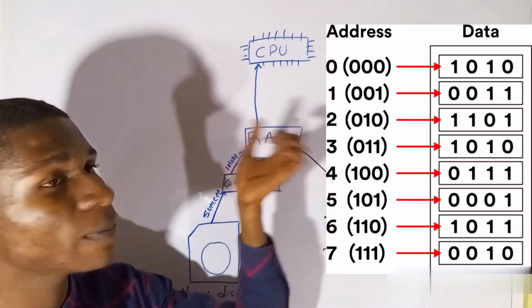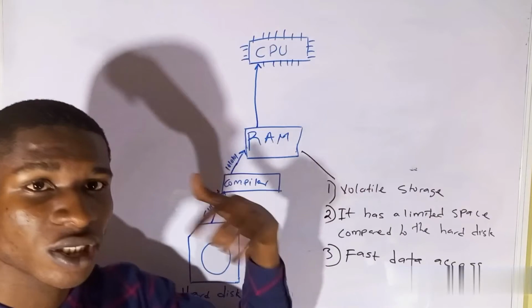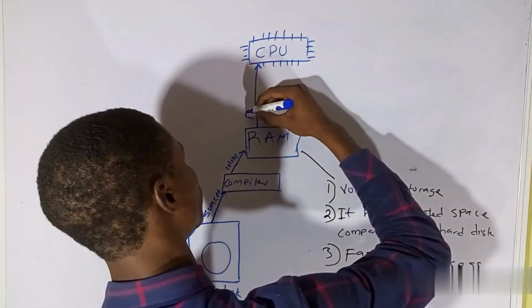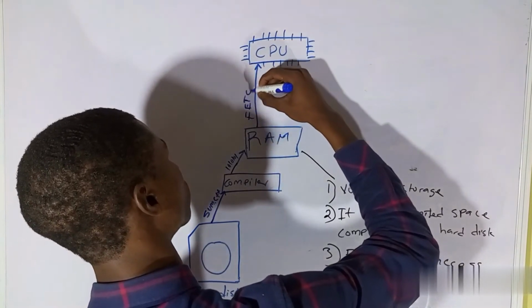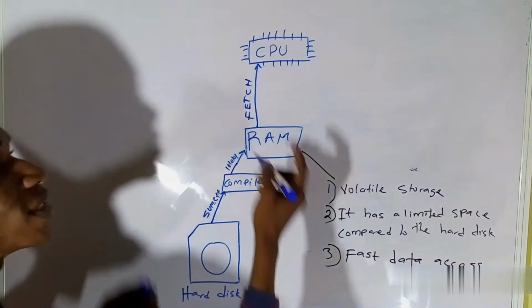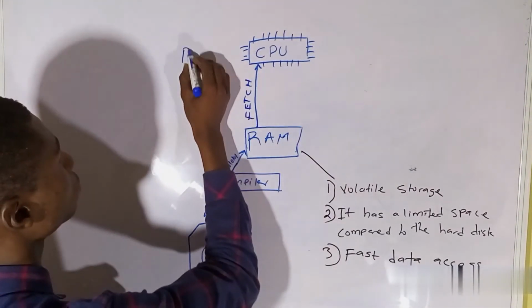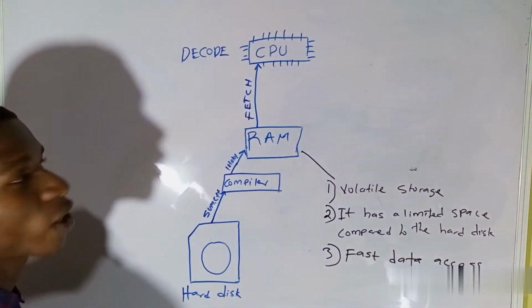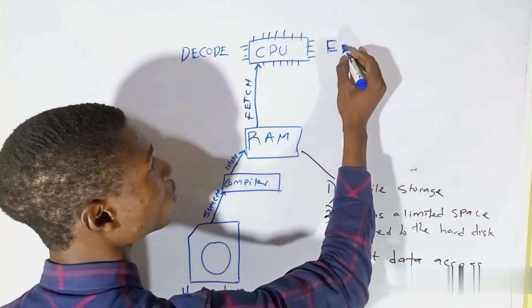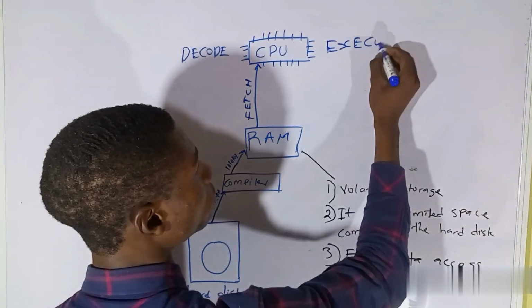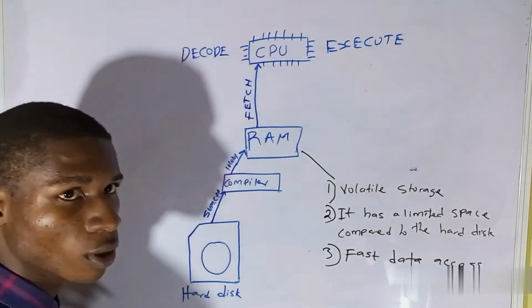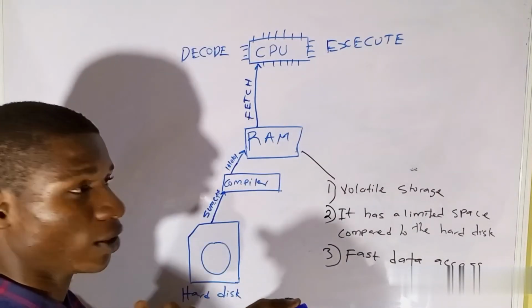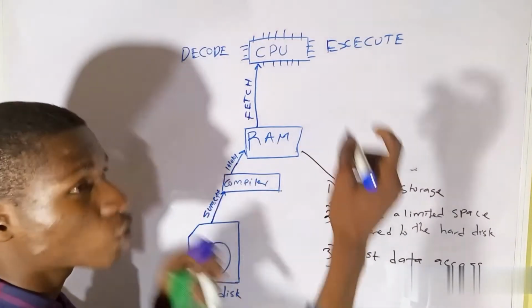So the CPU fetches each instruction, then it decodes that instruction, then it executes the instruction, and when it executes the instruction, it gets a result, and that result is stored back in the RAM.